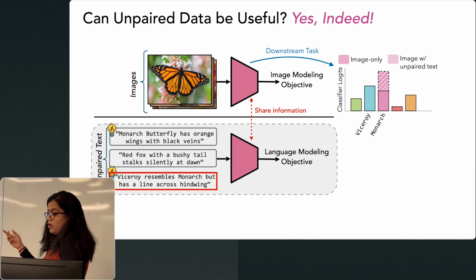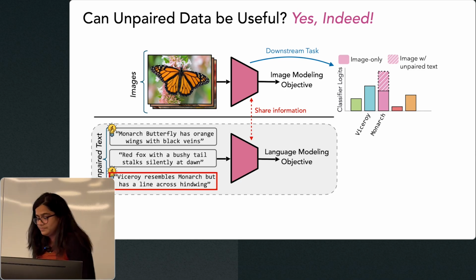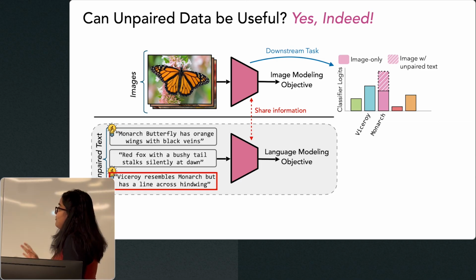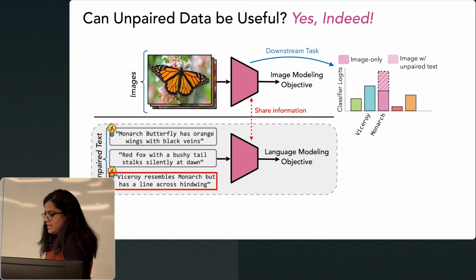So in this case, the model now predicts it as a monarch butterfly and not viceroy, which is the correct prediction. So this is a very simple and intuitive example of how unpaired data from another modality, which is text in this case, can be useful to improve vision models, that is image.